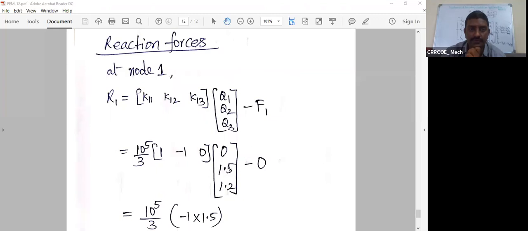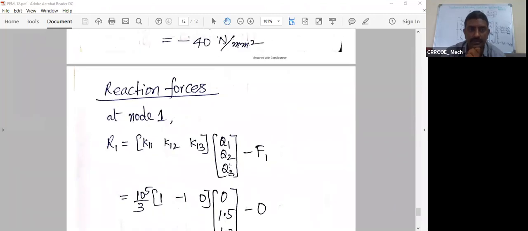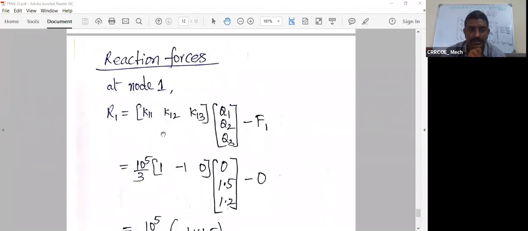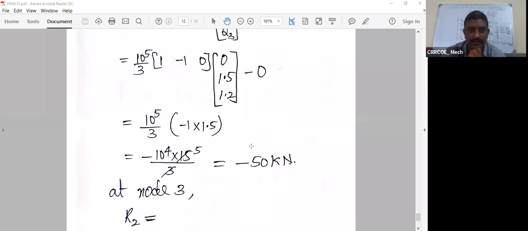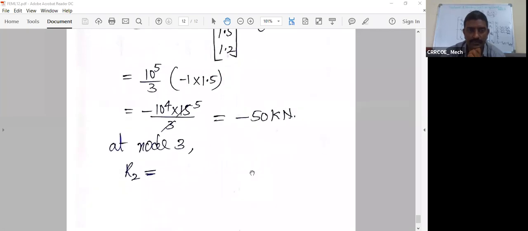So therefore the reaction forces. The reaction force at node 1: take the first row of the stiffness matrix times the nodal displacement vector, minus F1. So the reaction R1 is minus 50 kilonewtons. I found out the reaction force at node 1, minus 50 kilonewtons. So at node 3, what is the reaction force without using the equation?